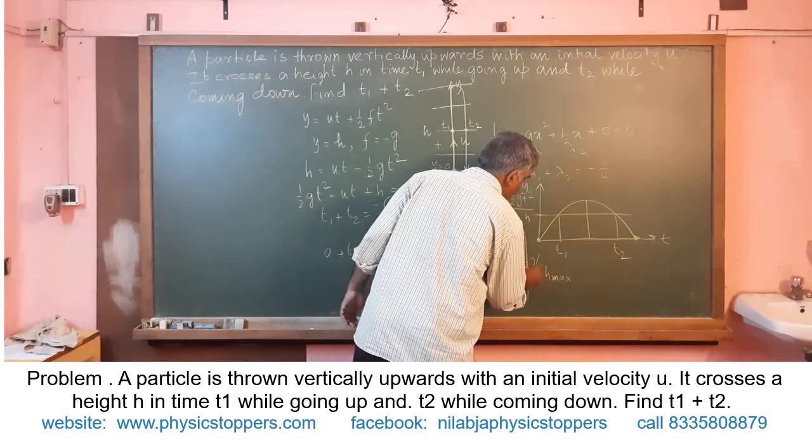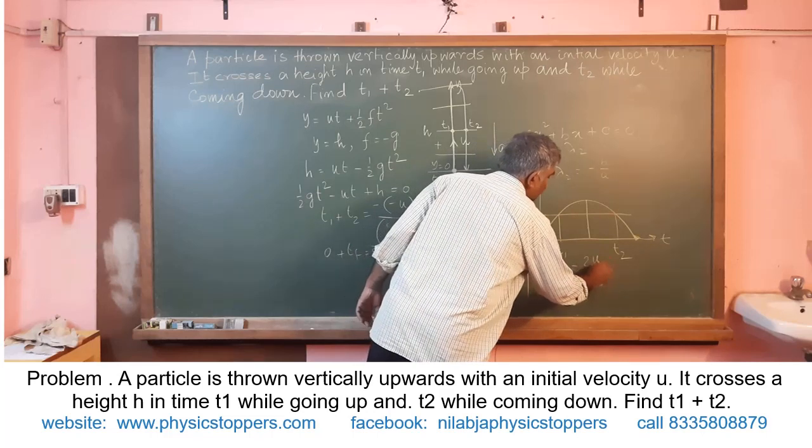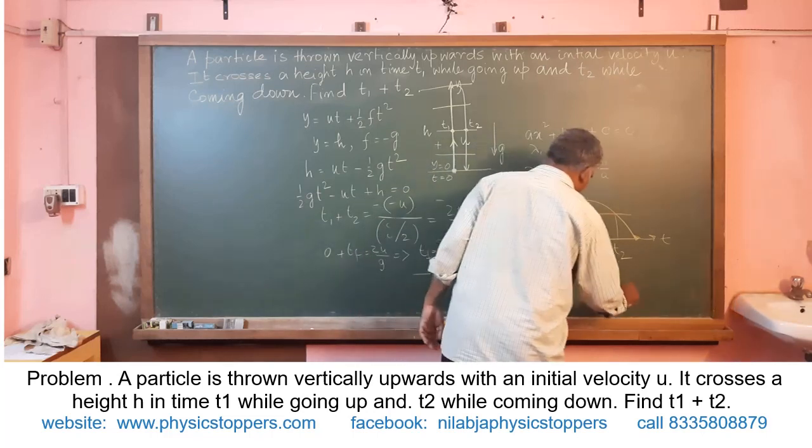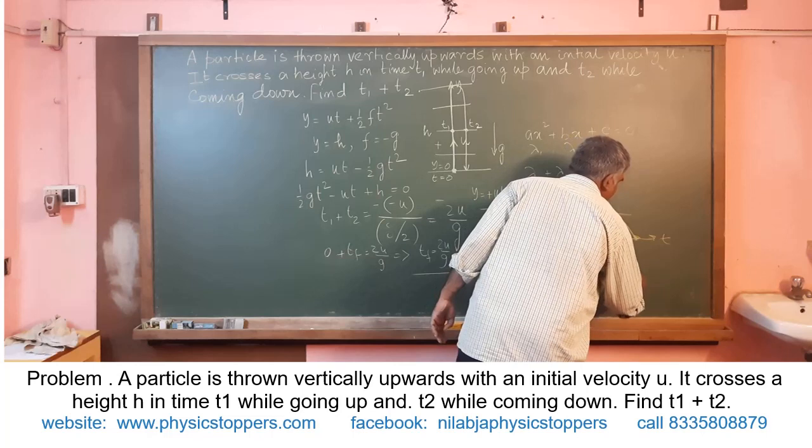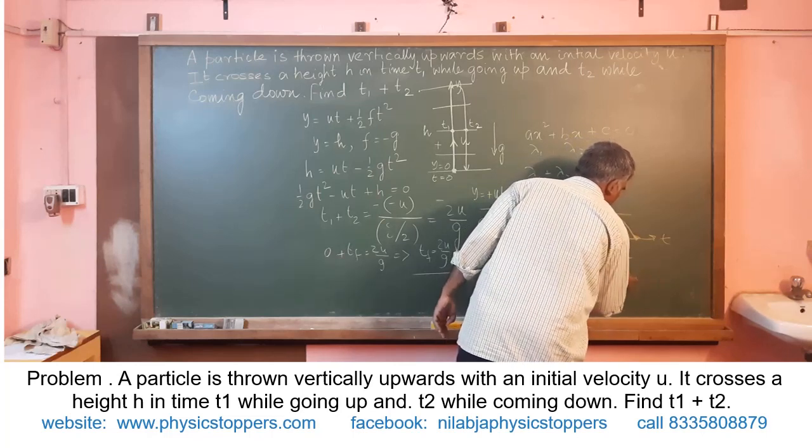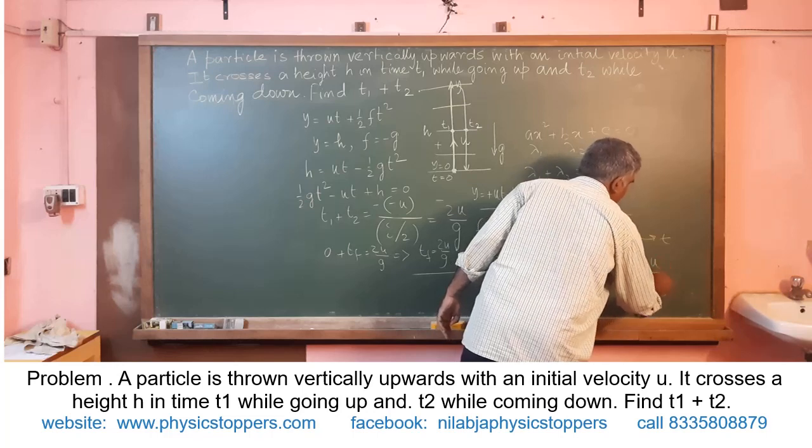So 2 t h max is 2u by g, which means the time taken to reach the maximum height is u over g.